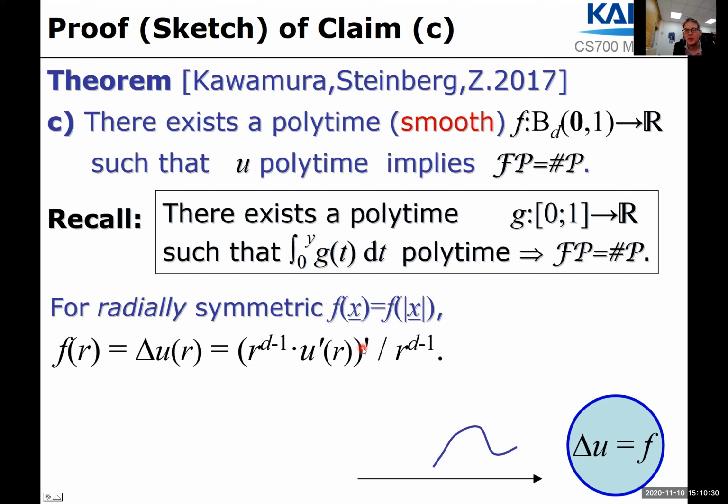If you want to understand why this looks like this, recall that in spherical coordinates, change of coordinates in high dimension, there's always this determinant of the matrix of partial derivatives, the Jacobian. And if you do the calculation, the Jacobian then looks like this.